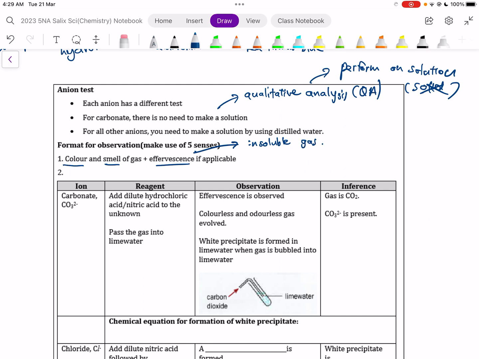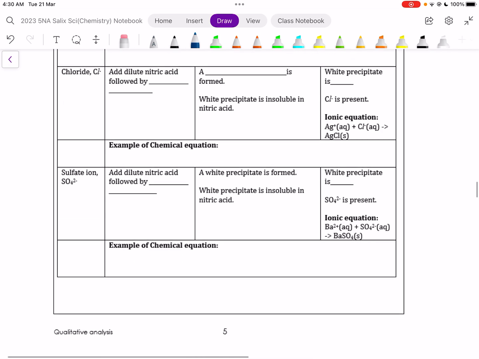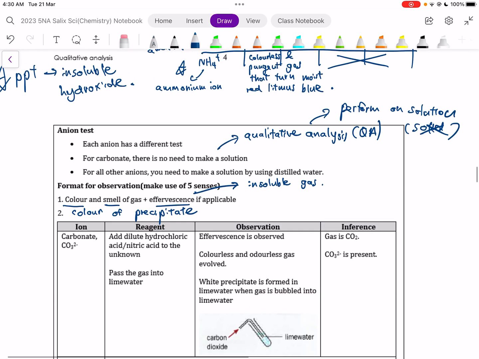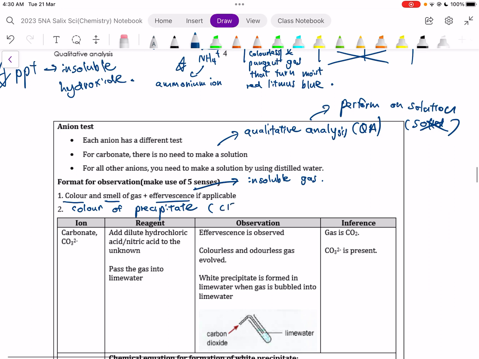Sometimes you have the color of your precipitate. Sometimes you have a precipitation reaction during your test for anion. There are a couple of them, like chloride and sulfate. So this one is usually your chloride test or your sulfate test.